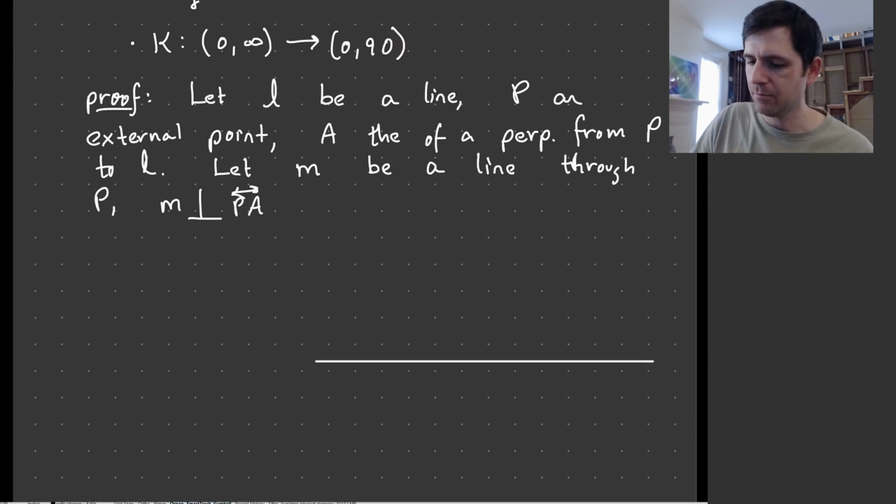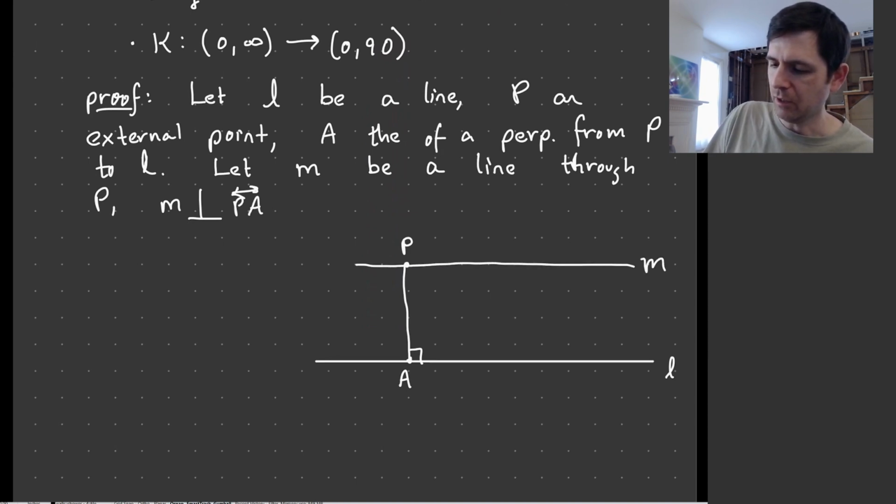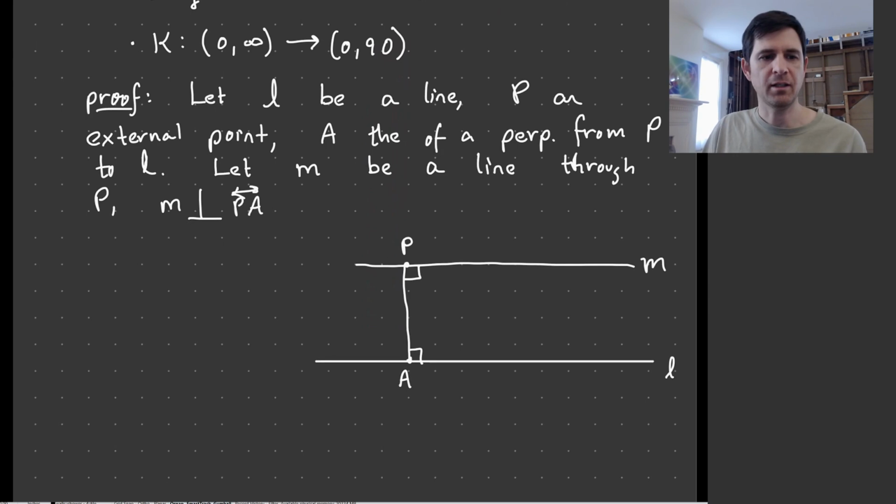So we have L, we have P, drop a perpendicular to A, and then we construct a line perpendicular to that, call it M.